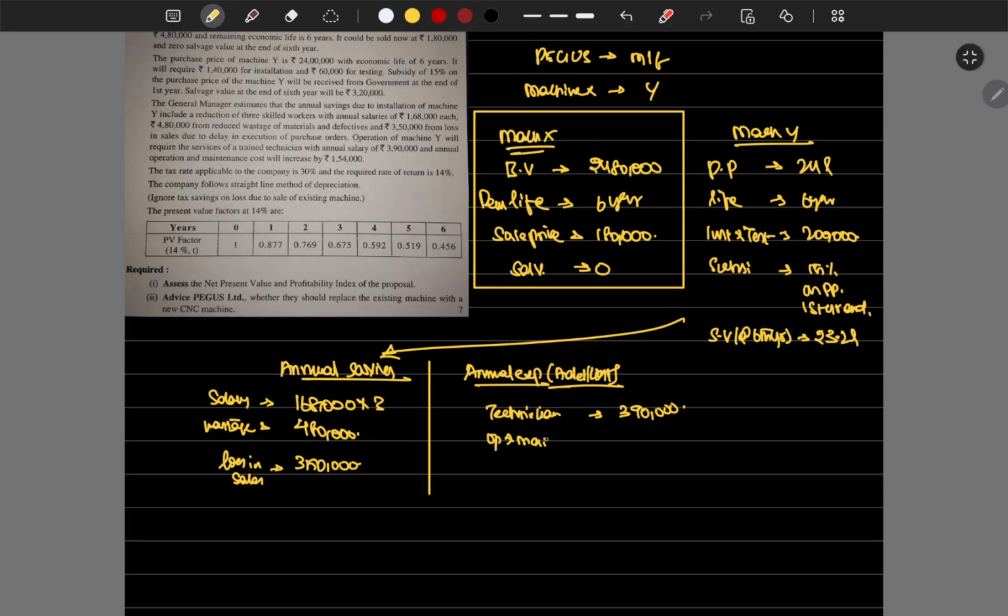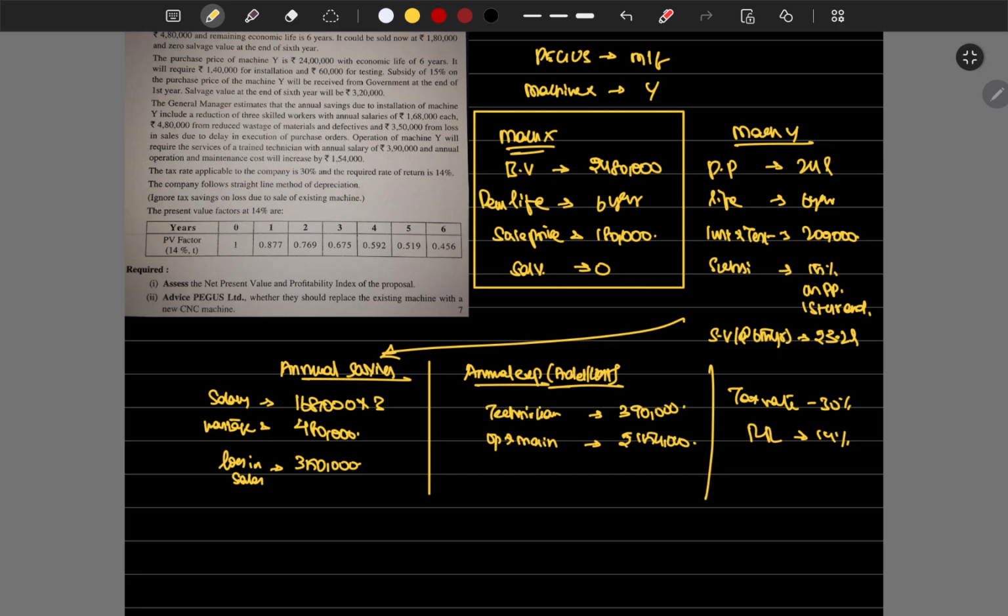Operation and maintenance rupees 1,54,000. That's it. Then the tax rate they have given is 30%, and the required rate is 14%. No tax on savings on loss due to sale of existing machine.